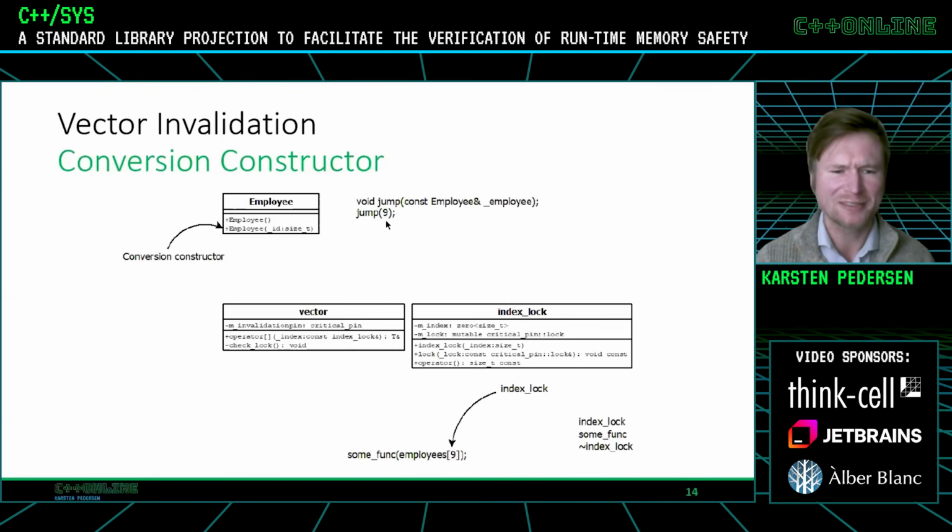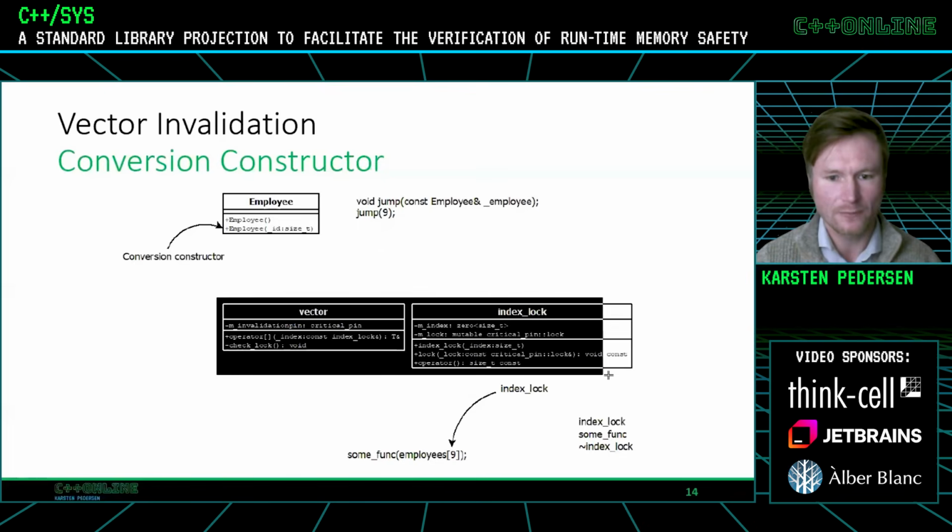I mean, I don't like that personally, but that's just, them's the rules. So it means that this ends up creating an employee with this constructor passing 9 in for the ID, and it just works. The same principle works literally for the subscript operator.